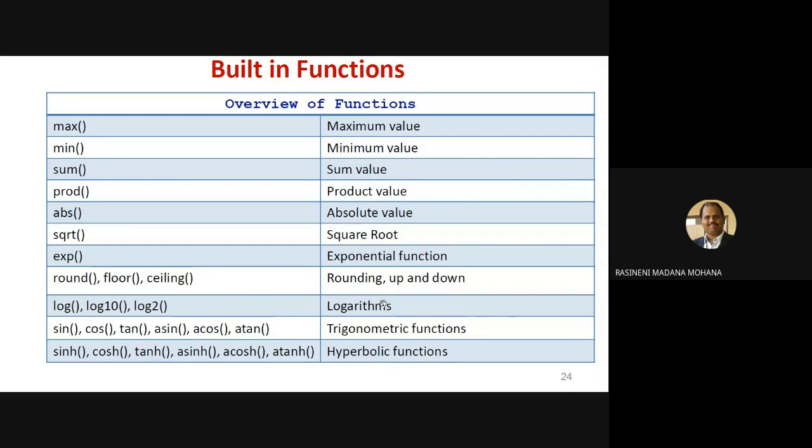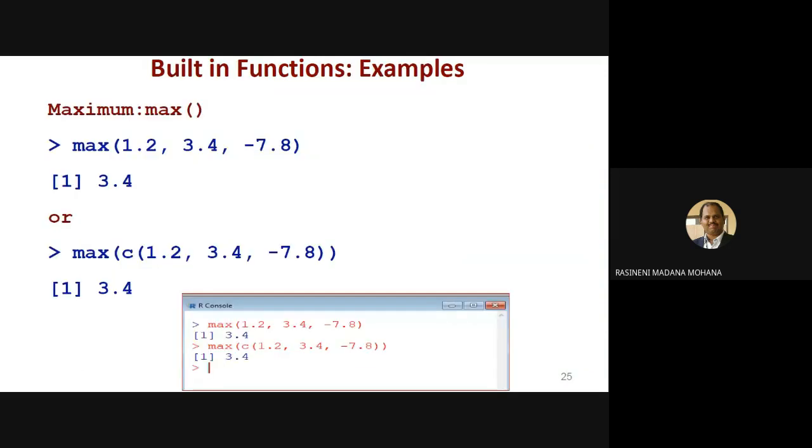To find logarithmic values, you can use log, log10, and log2 with a specific base. For trigonometric functions, you can use sin, cos, tan, asin, acos, atan. Then hyperbolic functions also: sinh, cosh, tanh, asinh, acosh, and so on. With any of these commands, you can provide the input within the function and get the required results.